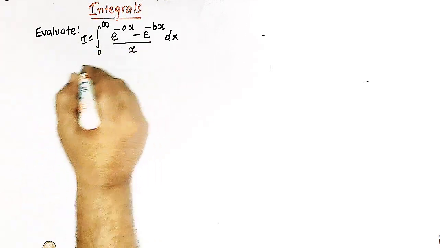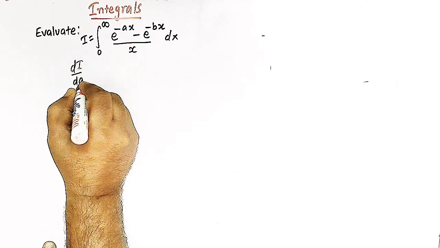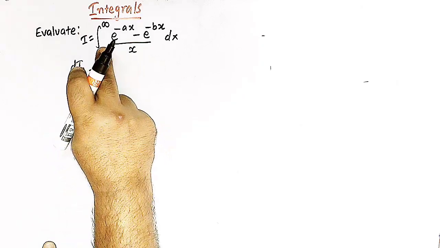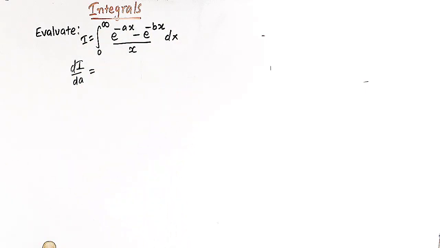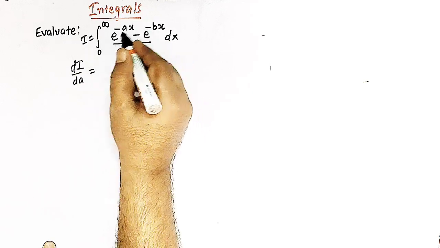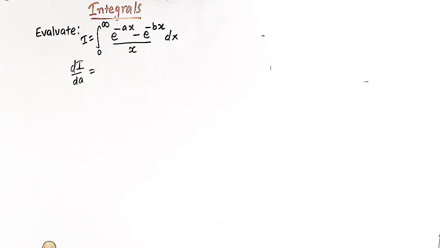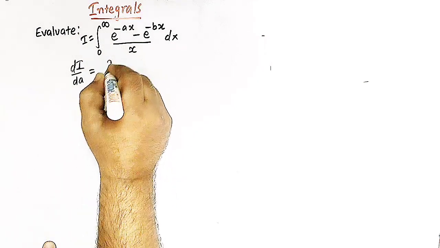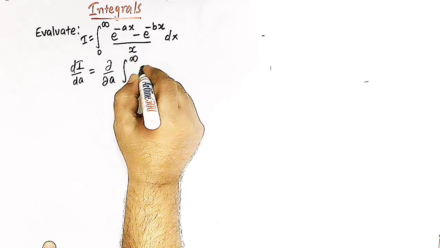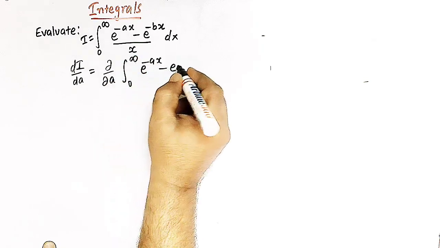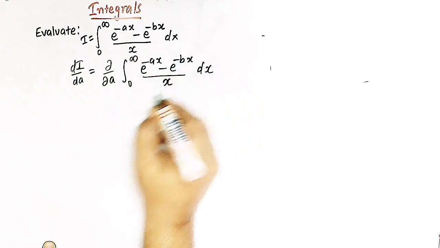So here we have dI over da, and here we have to take the partial derivative of this integrand with respect to a, and we'll consider all other variables or terms as constants. So we have del over del a of the integral from 0 to infinity of (e raised to minus ax minus e raised to minus bx) over x dx.